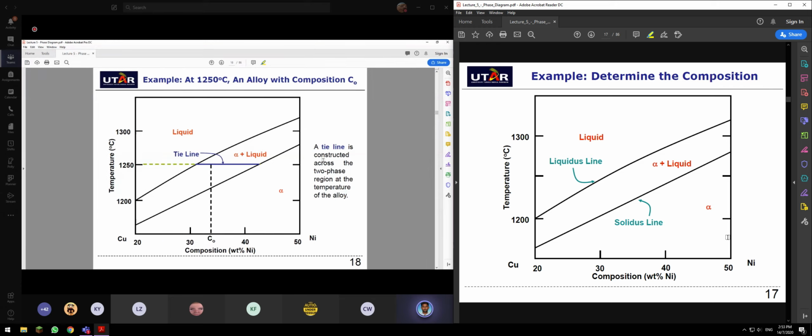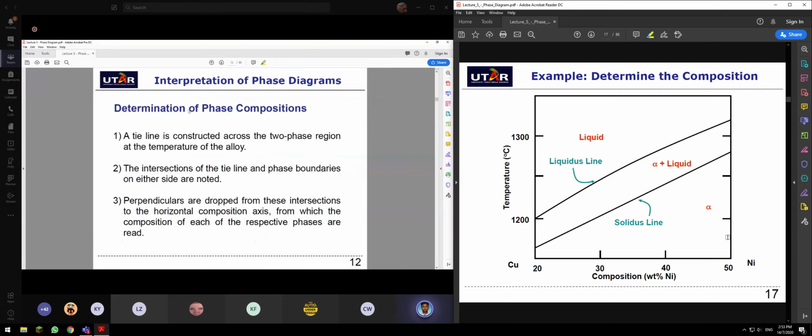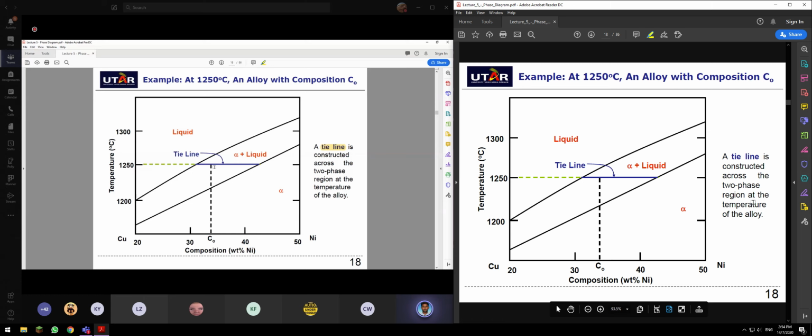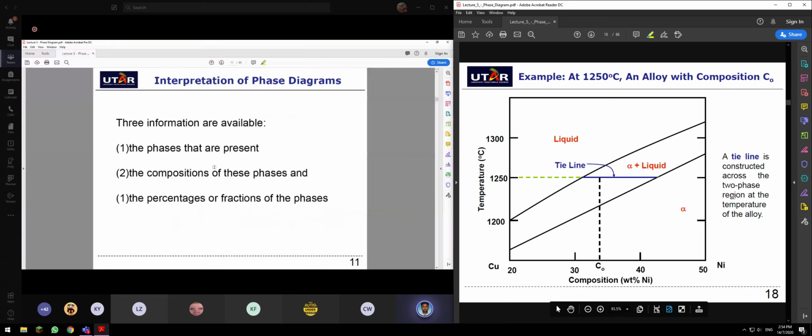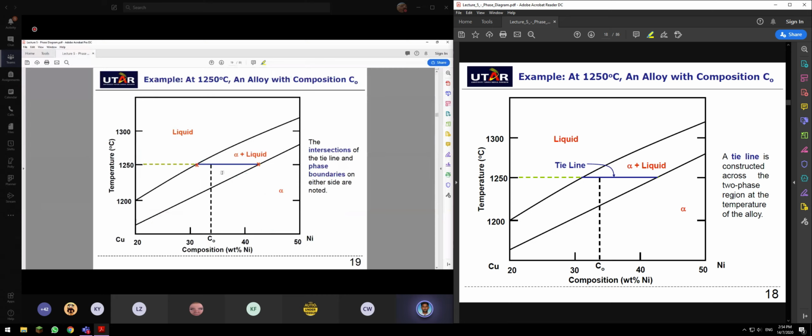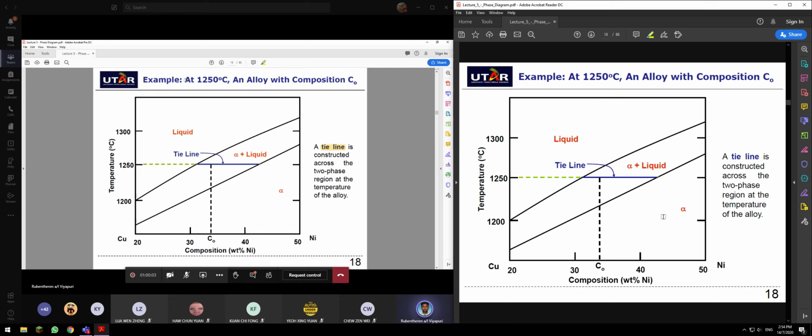So for example, remember this tie line. There was a boring description over here, this and this. Now listen to me carefully. I'm going to teach you how to find the phase composition and also the phase amounts. At first, for example, they have given you an example, so this is the question.